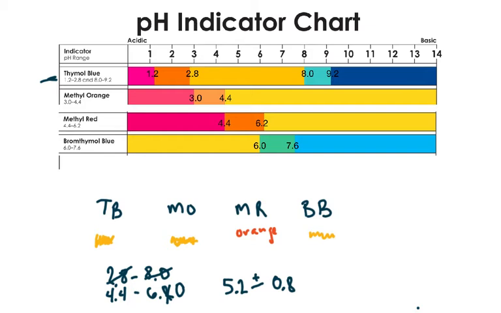So that would be what I would get from my indicator, 5.2 plus or minus 0.8. And again, that was just averaging 4.4 and 6.0 together, and then the range extends me to the ends of what I determined the range to be. And like I said, for the questions, you can either use the average or what you determined from the pH paper. It is up to you.